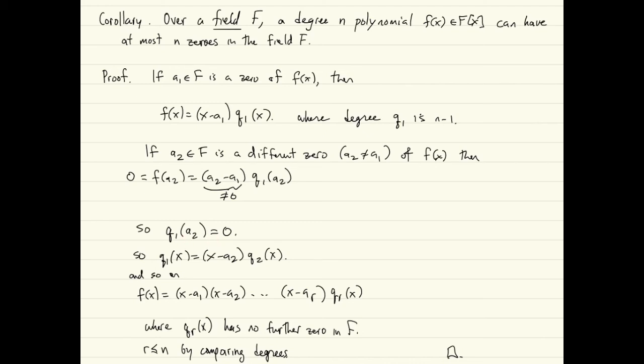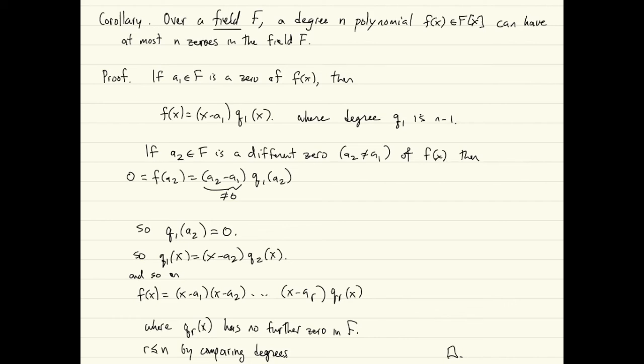But because we're working over a field where you can divide by non-zero elements, we can divide by this non-zero element and conclude that q1 of a2 is equal to 0. Okay, so q1 of x is x minus a2 times some other polynomial q2 of x, because that's the theorem we just proved, that if you have a zero, you can factor out an x minus a2. That's a familiar technique from high school algebra.